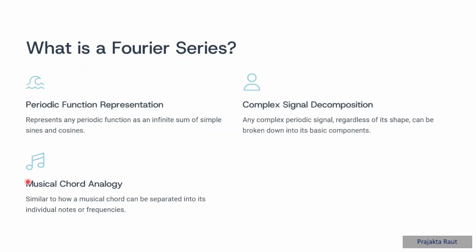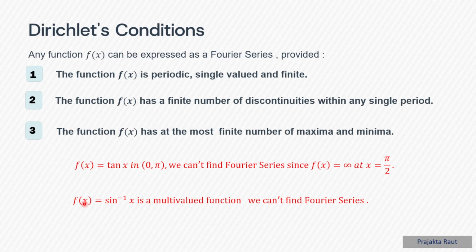In the same way, in the musical chord analogy, similar to how a musical chord can be separated into its individual notes or frequencies, we are going to deconstruct the given function in terms of sines and cosines. So basically, Fourier series is nothing but representing the given function as an infinite sum of sines and cosines.